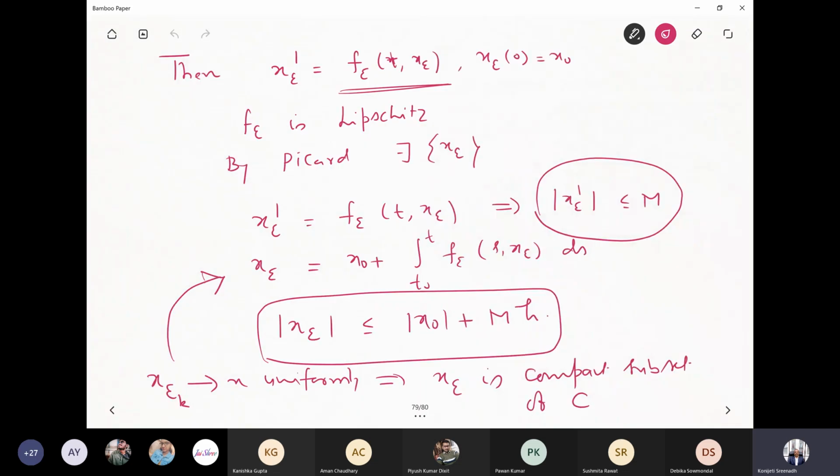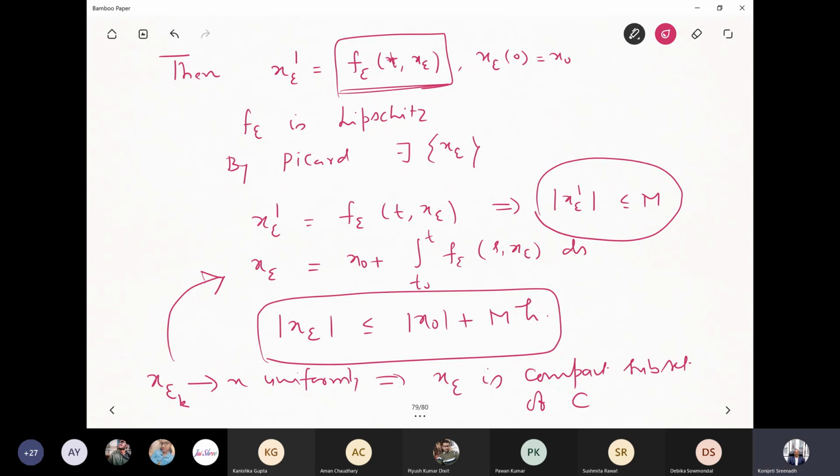So the whole idea is, whatever is not smooth in an equation, approximate it, perturb it by smooth functions, and then produce a solution.